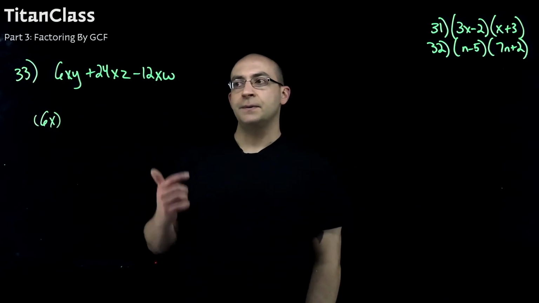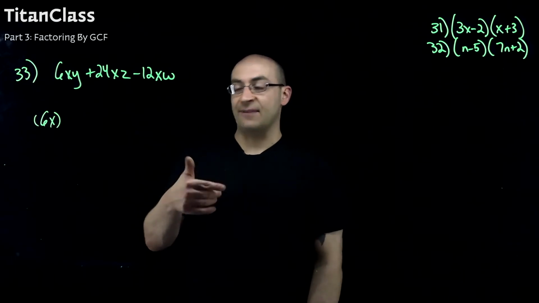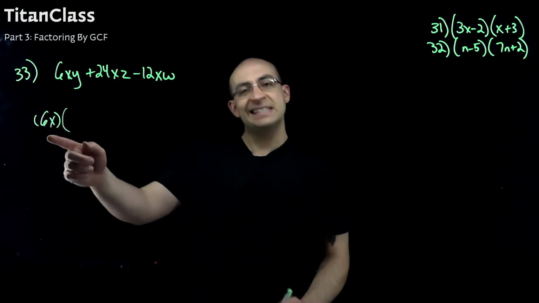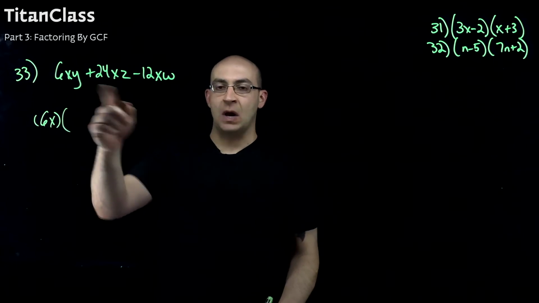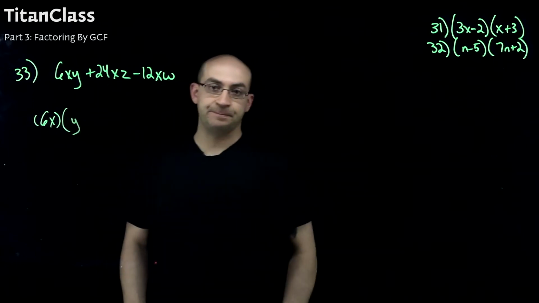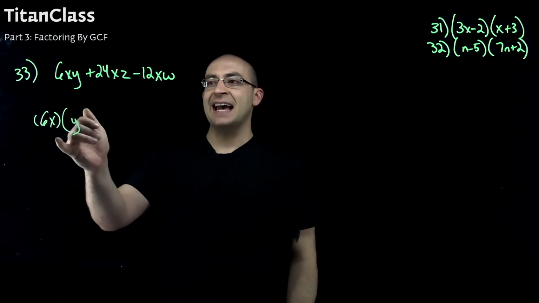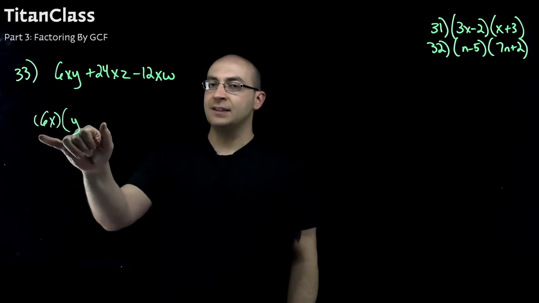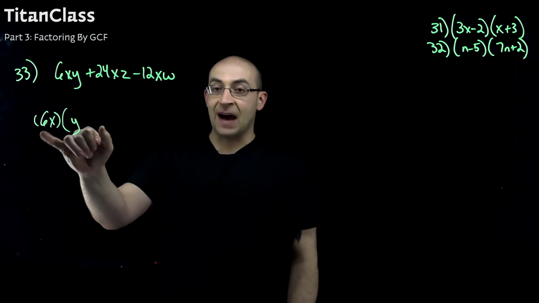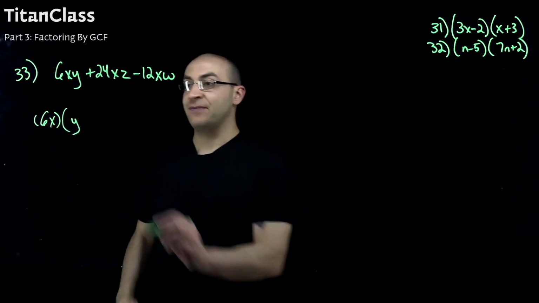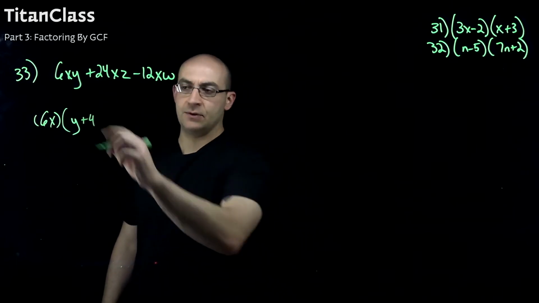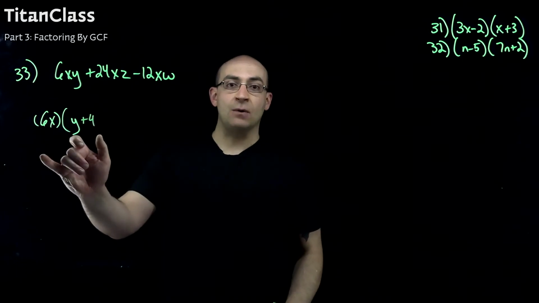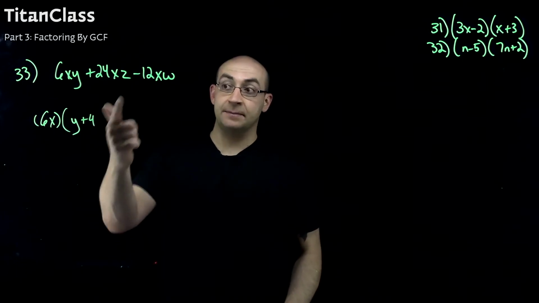Now, let's go ahead and write what's left. If I take a 6x out of 6xy, y remains. If I take a 6x out of 24xz, let's do the numbers first. Dividing 6 out of 24 leaves me with 4, and the plus sign drops. But the x came out, so what's the only letter left?